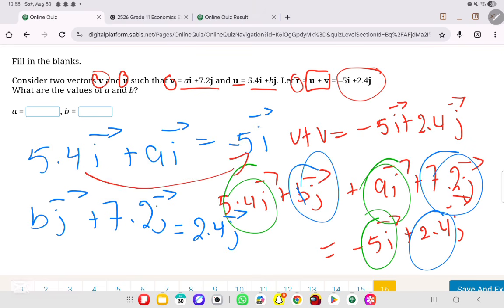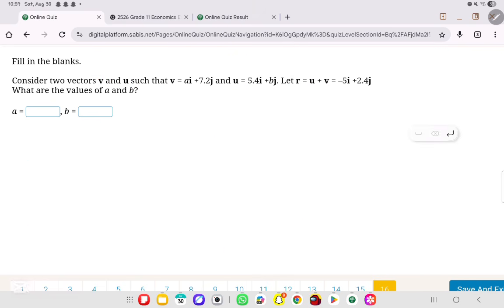You will get that a is equal to minus 5 minus 5.4, which is minus 10.4. And for b, you're going to get that b is equal to 2.4 minus 7.2, which is minus 4.8. So a is minus 10.4, if I'm not mistaken, and b is minus 4.8.